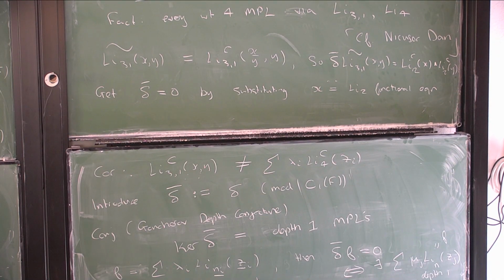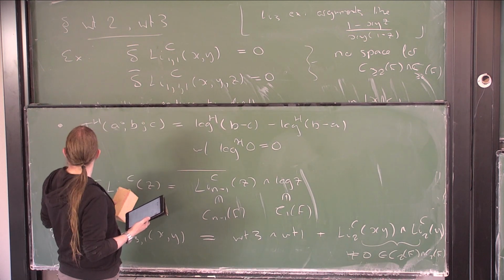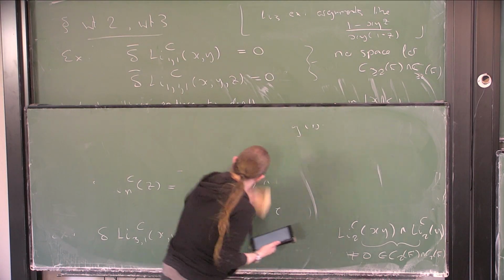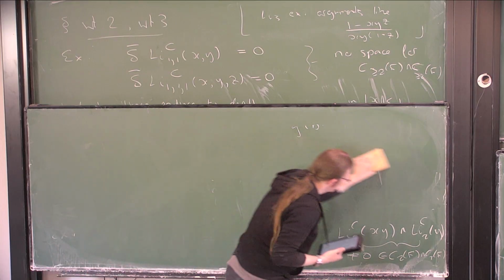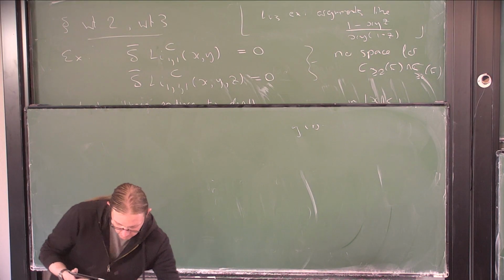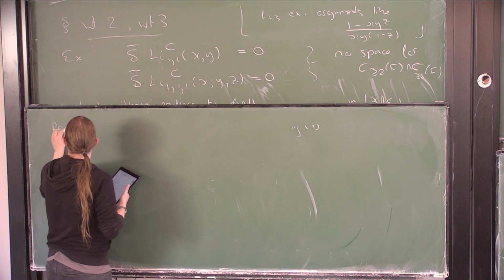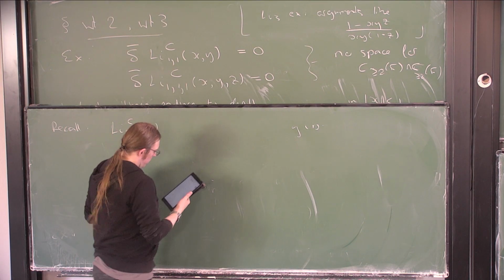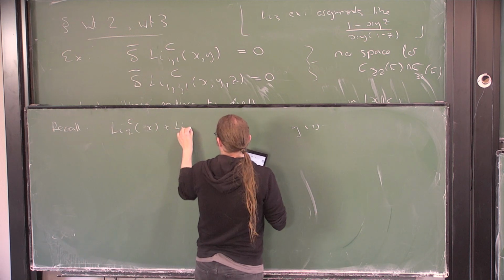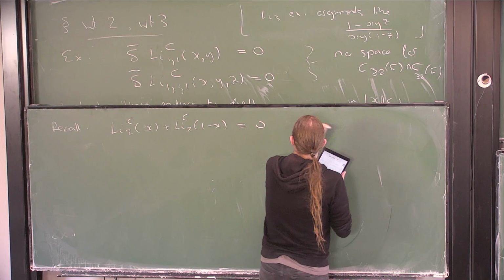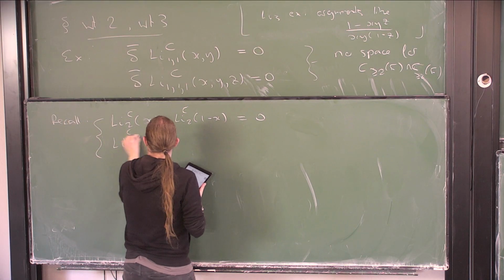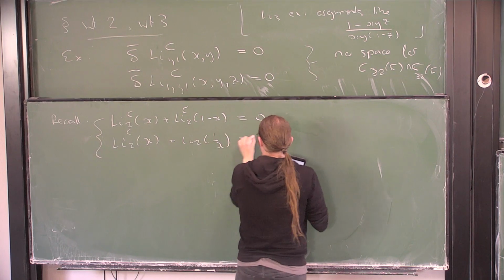So if we recall the two simple dilog identities that the commenter mentioned, Lie 2 of x plus Lie 2 of 1 minus x, at least the mod products version, is equal to 0, and Lie 2 of x plus Lie 2 of 1 over x is equal to 0.